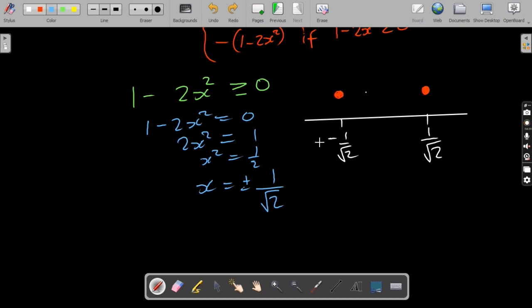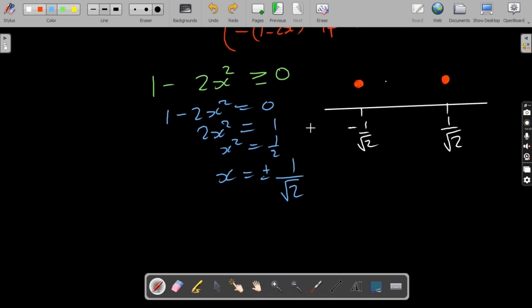To the left of negative 1 over square root of 2, I can pick a number, let's say negative 2. That should tell me whether the values here evaluate this expression to a negative or positive. If I pick 0 in between and put it in place of x, I'm going to get 1, which is positive. So in that region in between, I'm going to get a positive result.